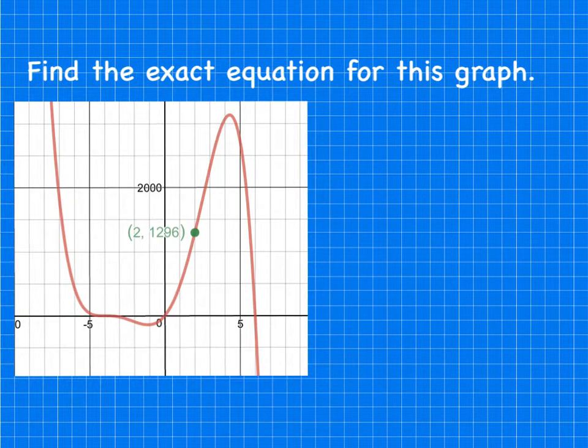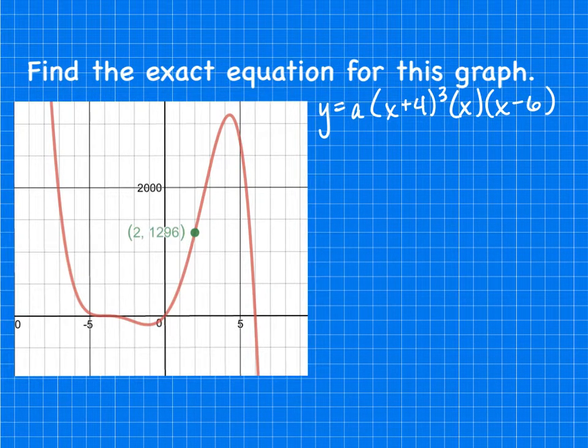These often end up being pretty big numbers, because when we start squaring and cubing things, numbers get really big really fast. So we're going to put our a in there. Our first factor was x plus 4 cubed. Our second factor was just x. And our third factor, x minus 6.